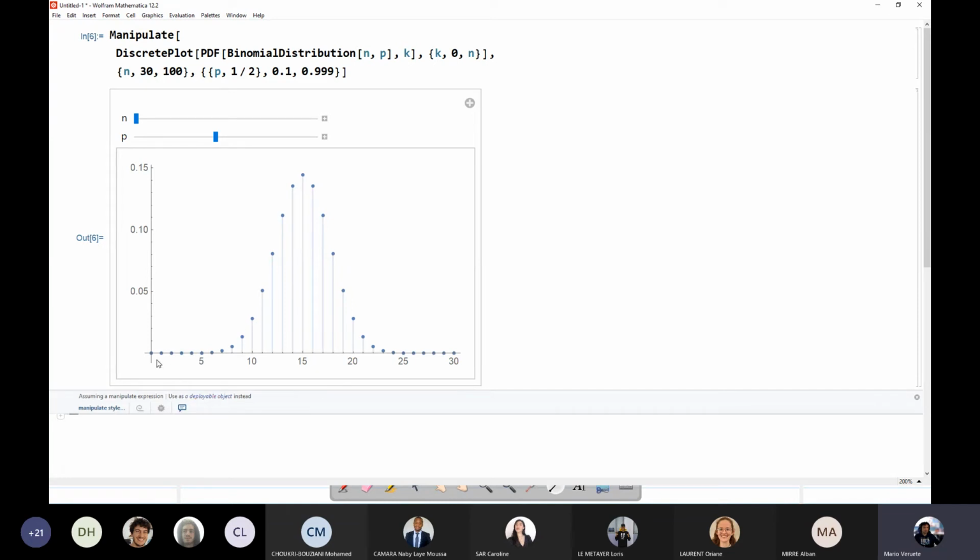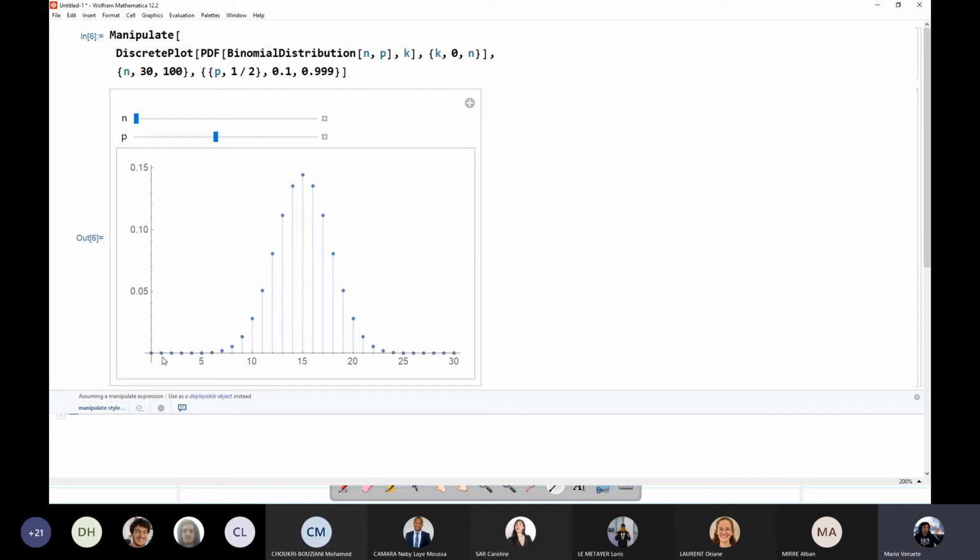You have a maximum of probability in the middle, and the probability is lower here and lower here. How do you interpret this? Well, it's quite easy because x is the number of times I get 1.